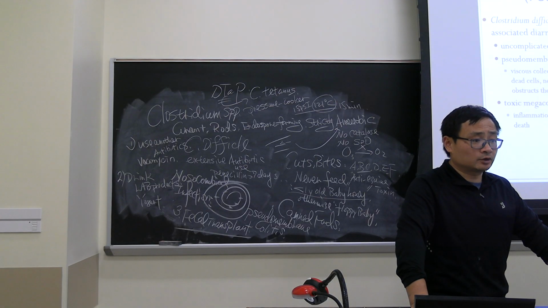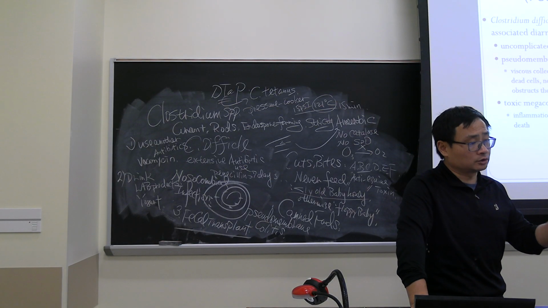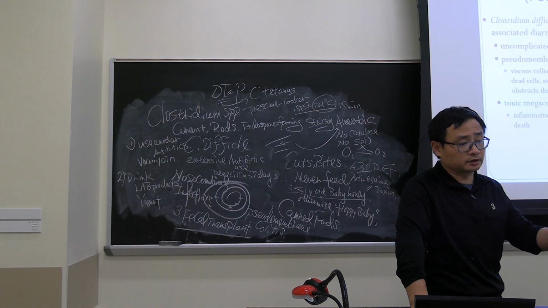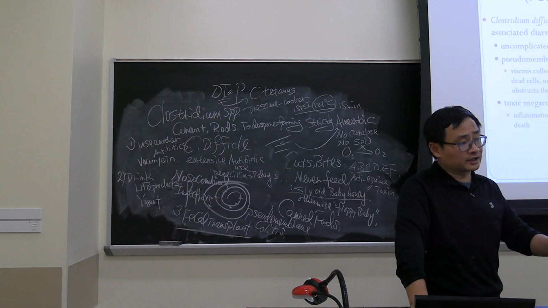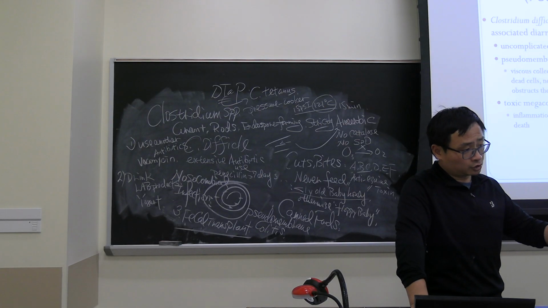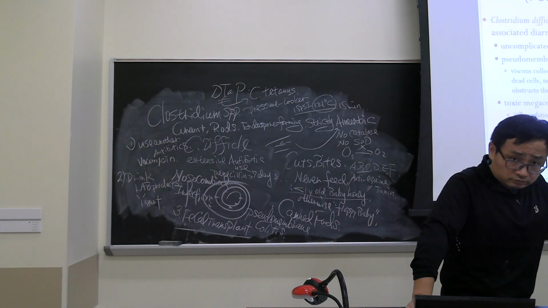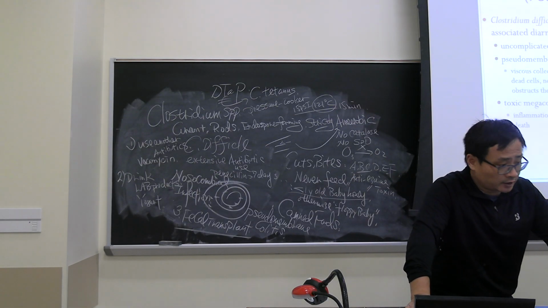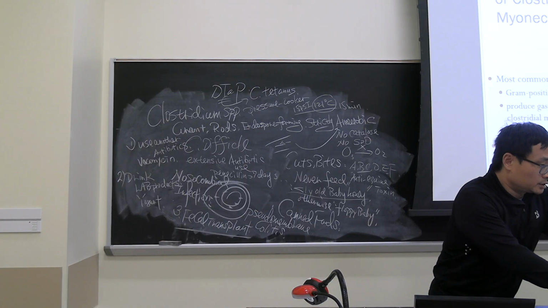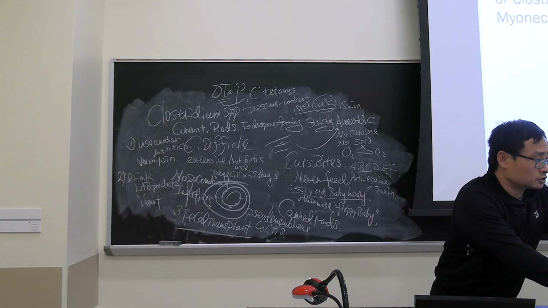Because the idea is that we want to establish the normal bacteria in the colon immediately, to let the normal bacterial flora be established to prevent Clostridium difficile. Okay, so this is what we have for Clostridium.